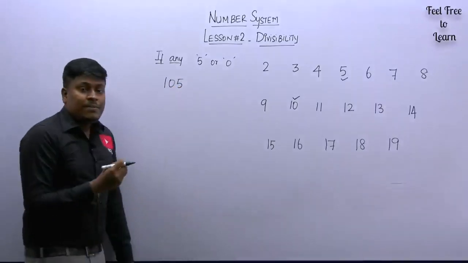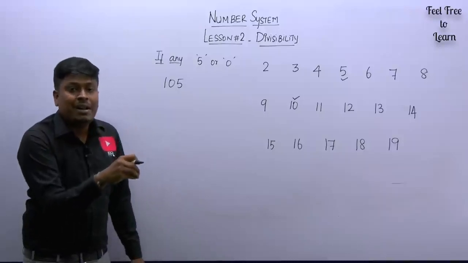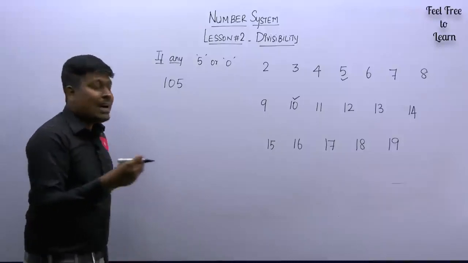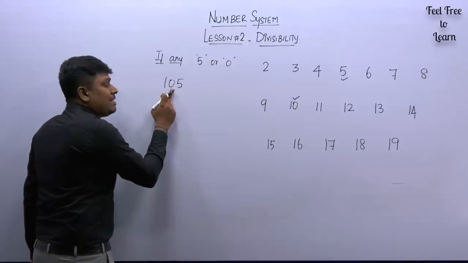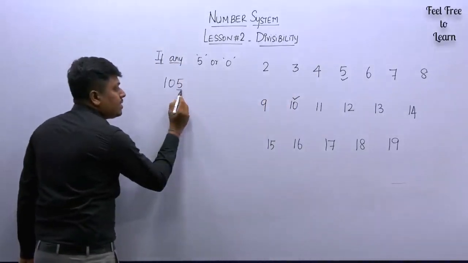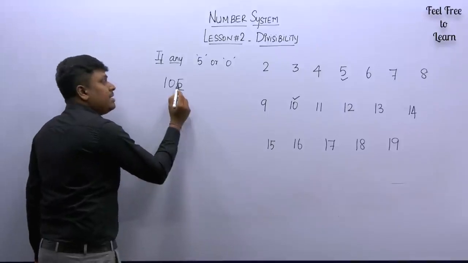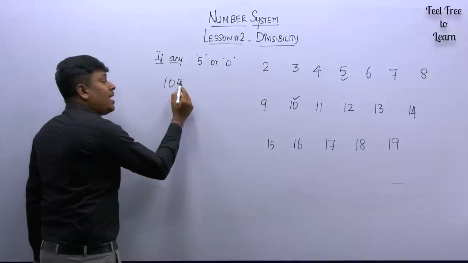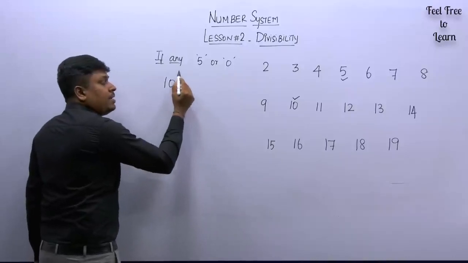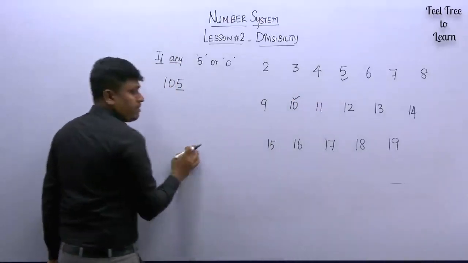If they ask by which number we can divide this 105, you can directly say that this number is divisible by 5. Listen carefully, if the last digit of a given number is 5, or else the last digit is 0, then definitely those numbers will be divisible by 5.